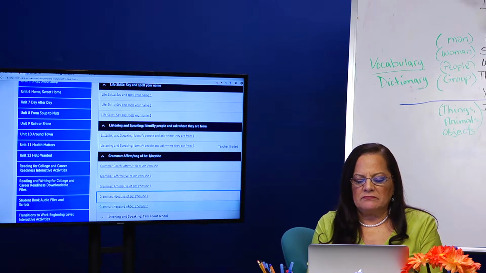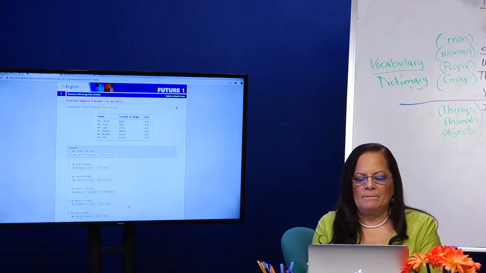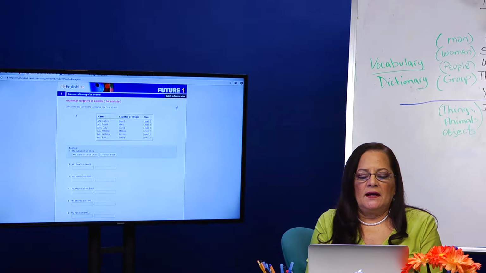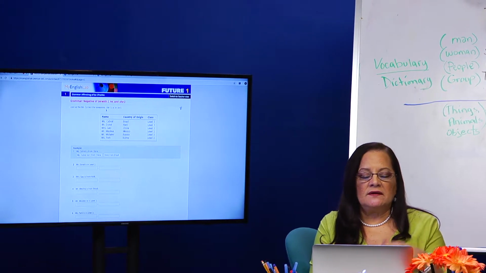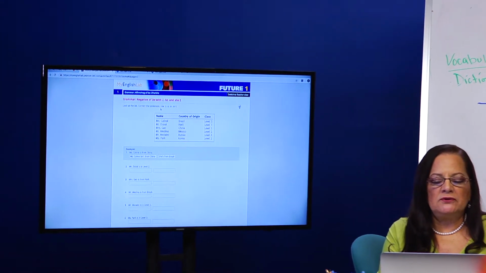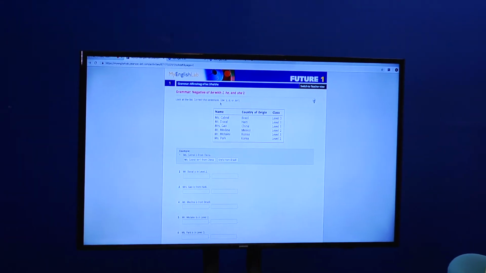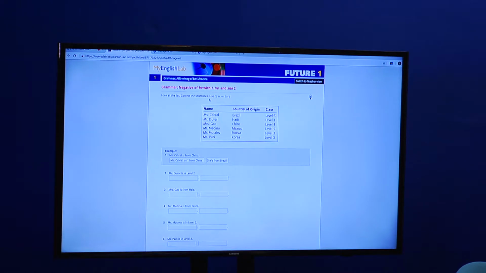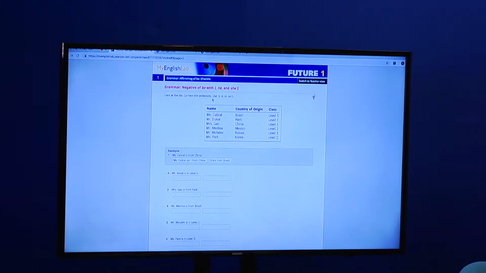Let's do grammar number 2, the negative. Let's look at the student view first. Look at the list. Here are the names. Correct the sentences. We continue building sentences using the verb to be. To be is I am, he is, she is, they are, you are, we are.